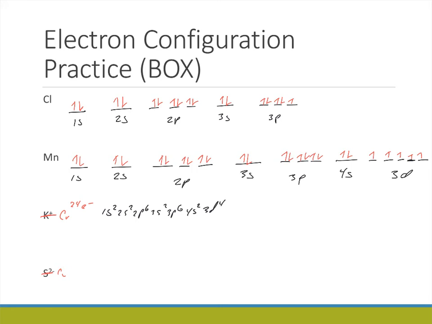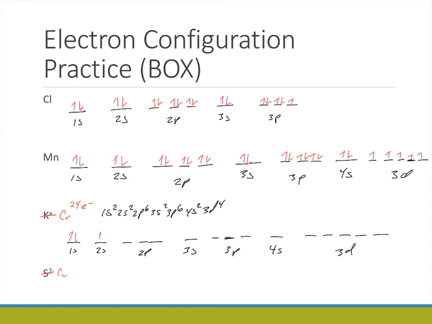Now, a box diagram for this would be 1s, 2s, 2p, 3s, the 3p's, which I didn't draw very well, 4s, and then our 3d's. We would expect it to look much like manganese.